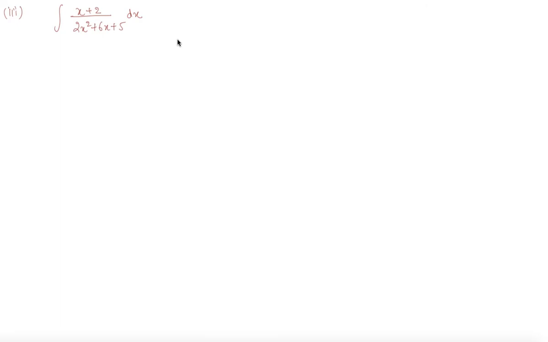Students, here is one more example, a typical one. In this we take the numerator as it is and we write the numerator in the form of the denominator's derivative. So I will write a times d by dx of denominator plus b. The differentiation of the denominator is 4x plus 6, plus b.